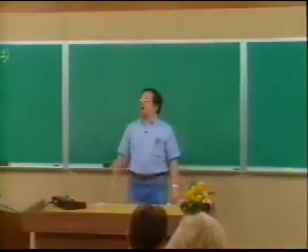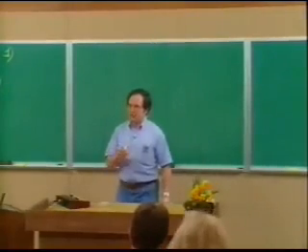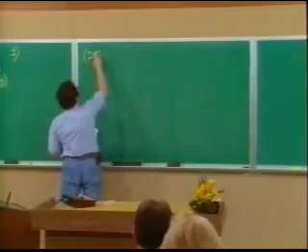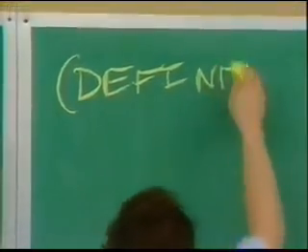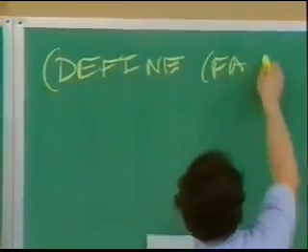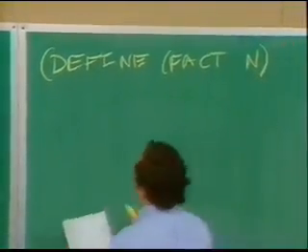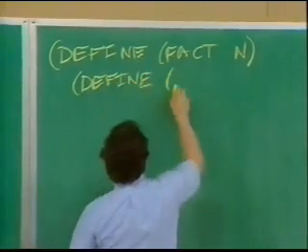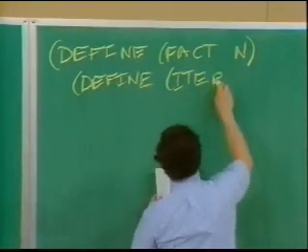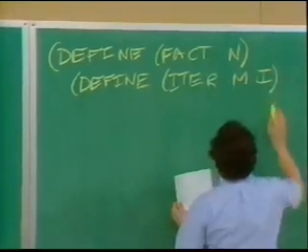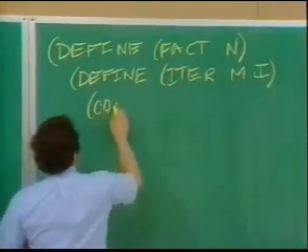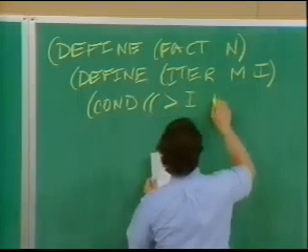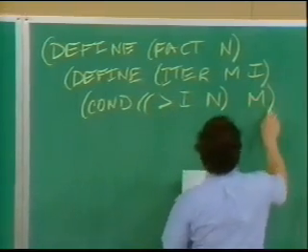Supposing we write down the functional version, functional meaning in the old style, of factorial by an iterative process. Factorial of n: we're going to iterate of m and i, which says if i is greater than n, then the result is m.